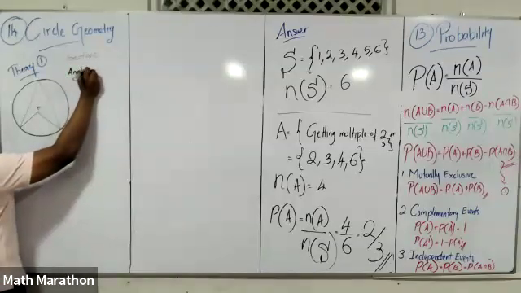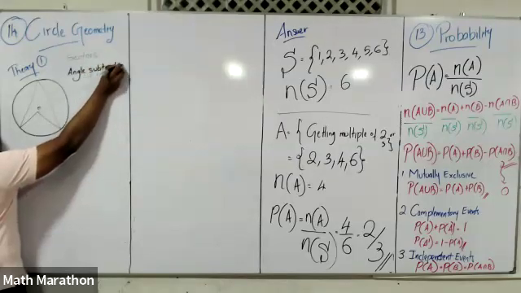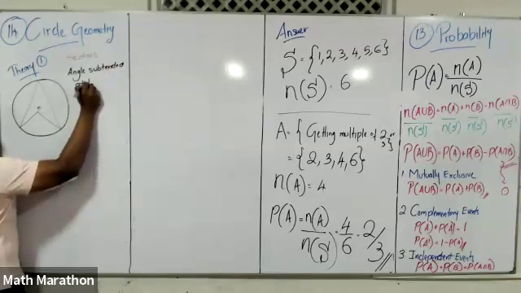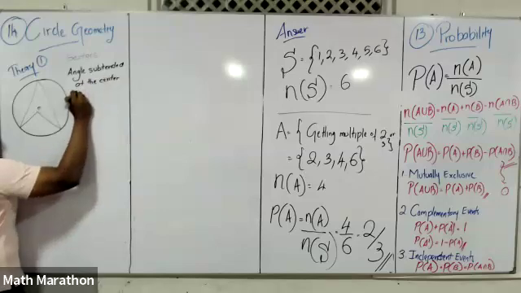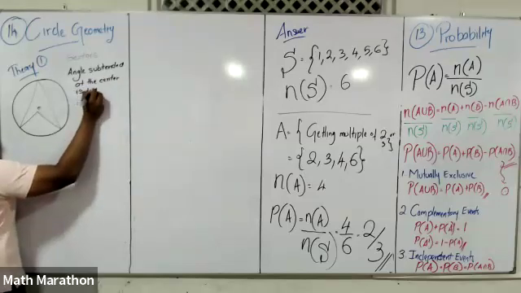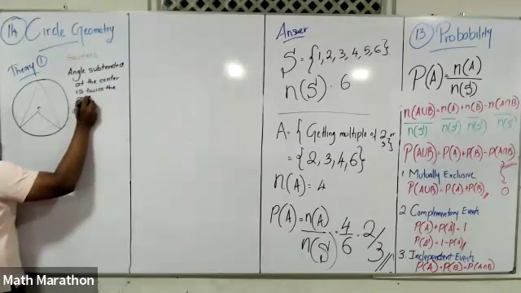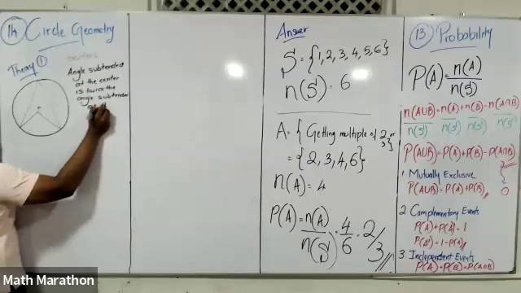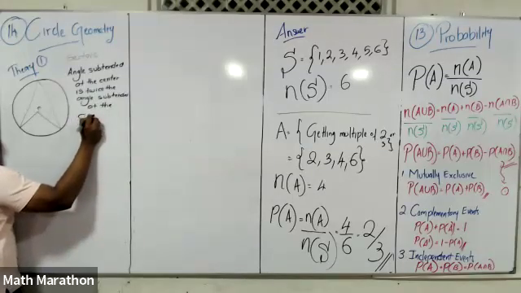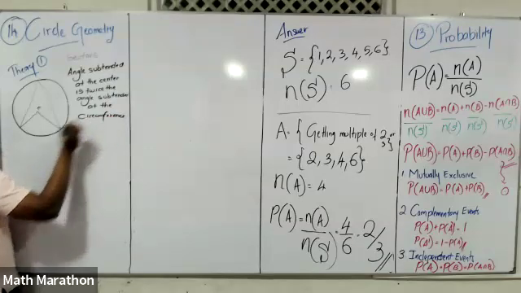The theory tells me: angle subtended at the center is twice the angle subtended at the circumference. That is the theory.